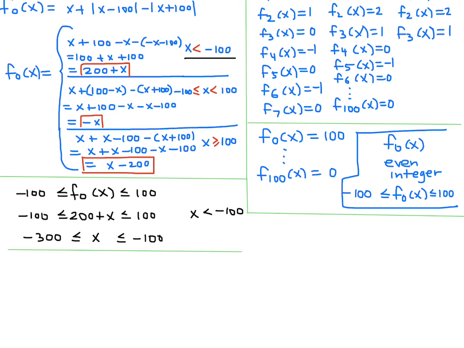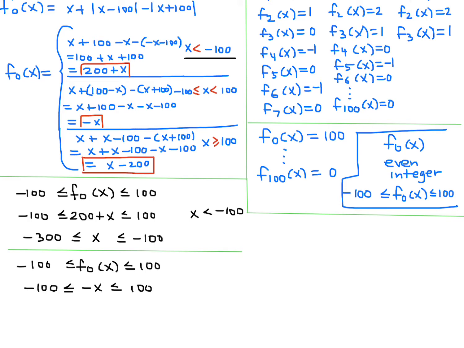Now let's do the exact same thing for this range right here. For that one, again, f at 0 at x has got to be between 100 and -100. And that means -x has got to be between 100 and -100.